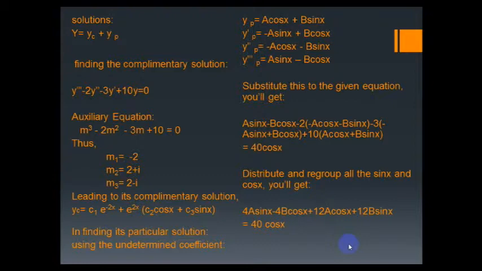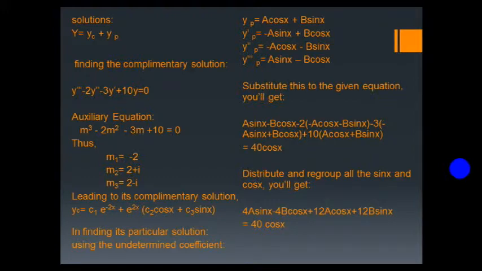Now, since g(x) is a cosine function, a natural first guess for a particular solution would be A cos x. But because successive differentiations of cos x produce sin x and cos x, we are prompted instead to assume a particular solution that includes both of these terms, which is yp = A cos x + B sin x.